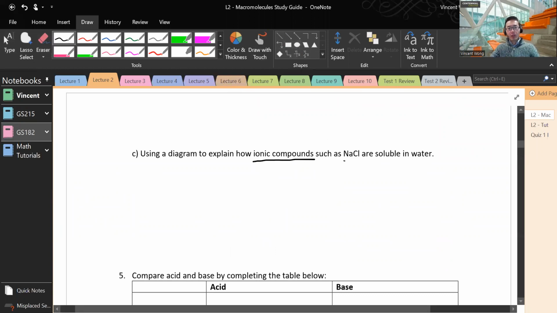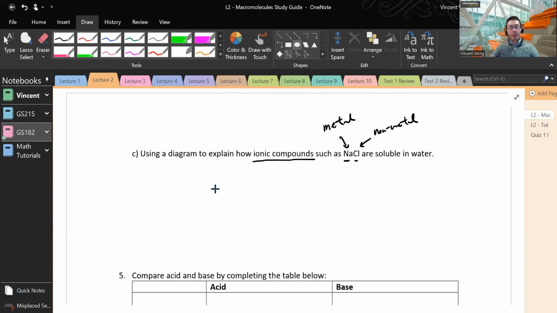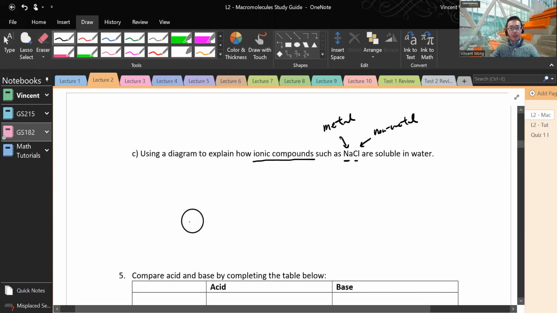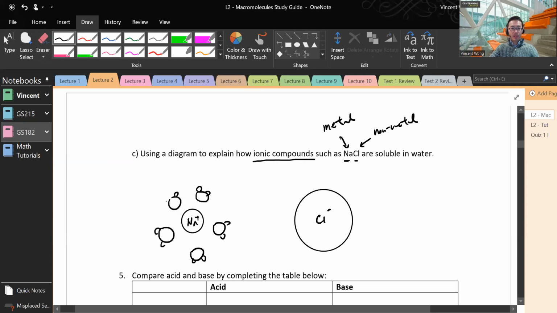Now, we know sodium chloride is an ionic compound, and the sodium is the metal part, whereas the chlorine is the non-metal part. So when you put it in water, the sodium is going to be the one carrying the positive charge, whereas the chlorine is the one carrying the negative charge. So what happens is the water molecules will orient themselves such that the oxygen, if you think about the Mickey Mouse picture here, the face is where the oxygen is, the ears are where the hydrogens are.